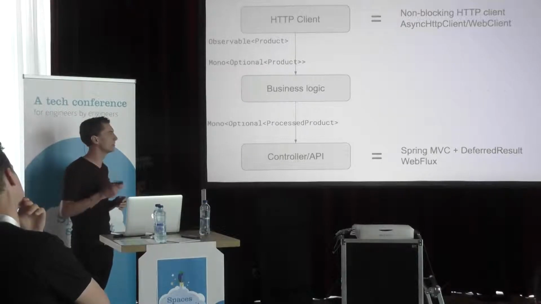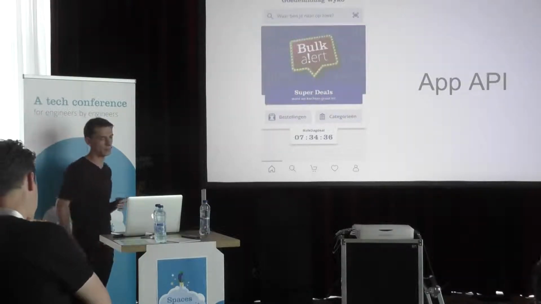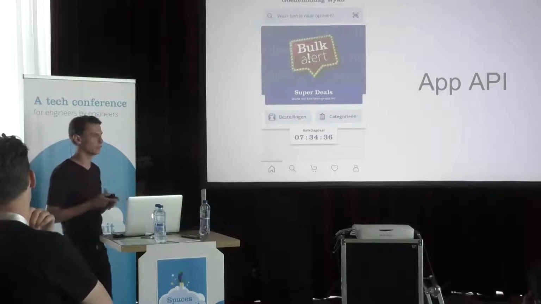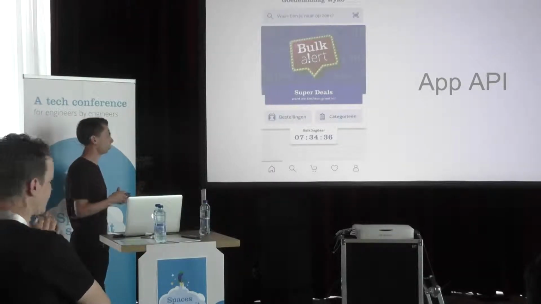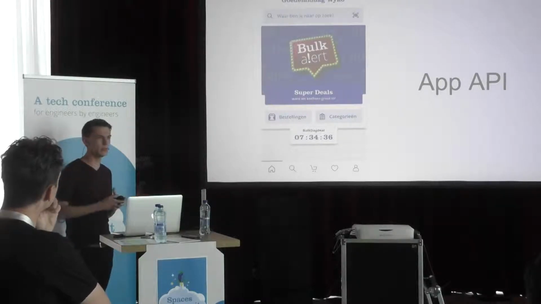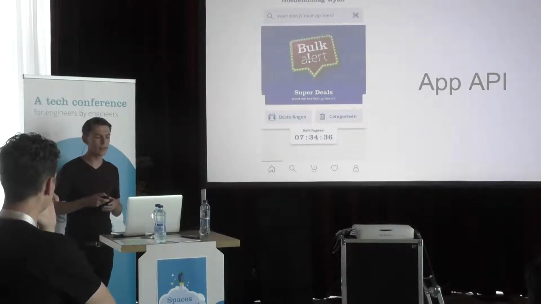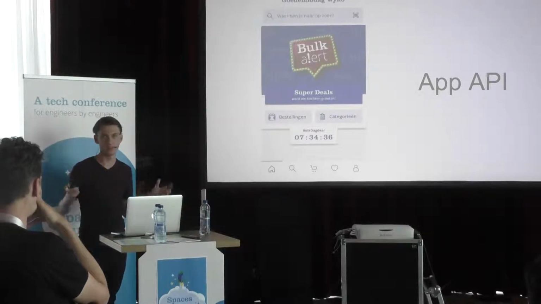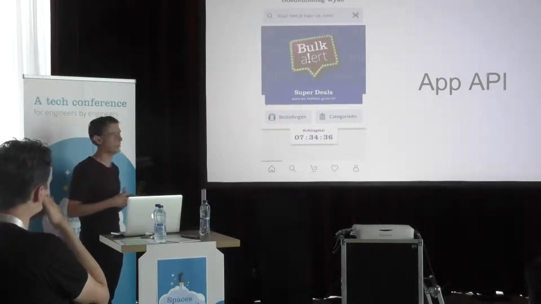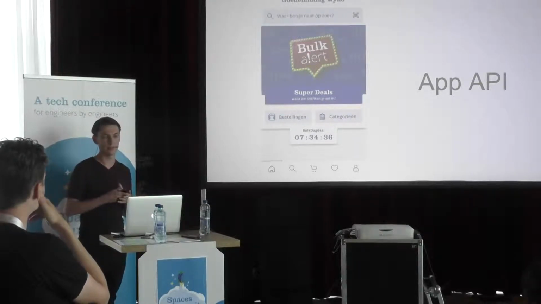So now I want to dive into the real-world example of the App API, which is a reactive app that my team made. What does the App API do? It gathers data from different kinds of services, and it delivers it in a handy format to the apps. An important thing is that it's mostly doing I/O.